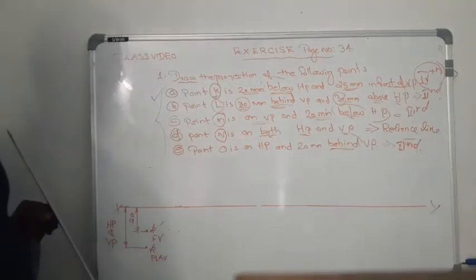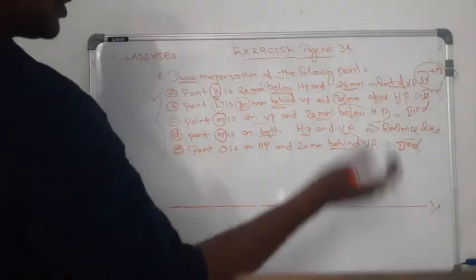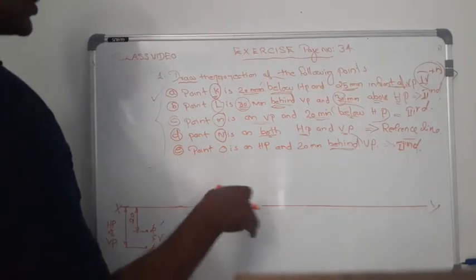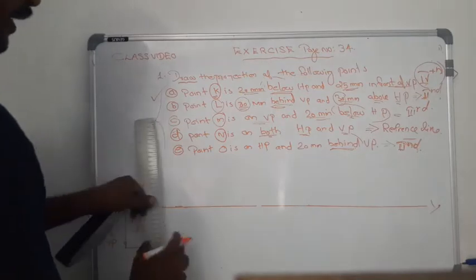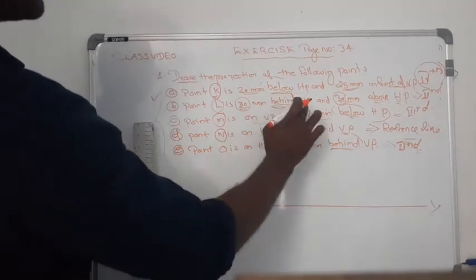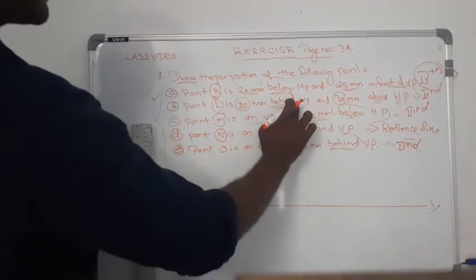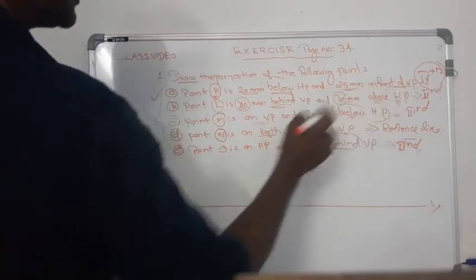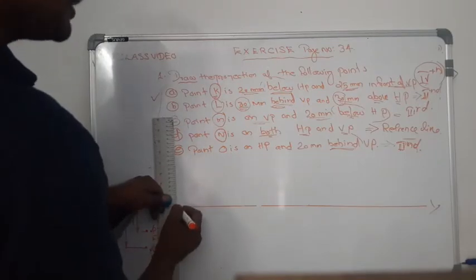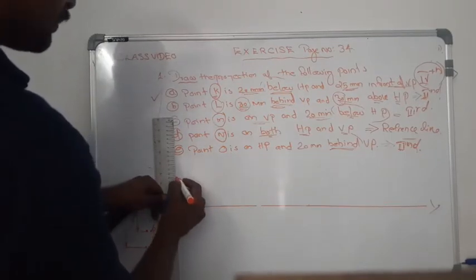We know that in the second quadrant, both front view and plan come above the XY line. First we draw its front view keeping 30 mm.